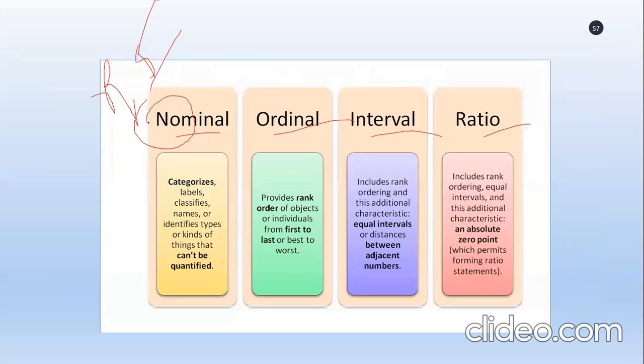Going ahead with the ordinal scale, which provides a rank order of subjects or individuals from first to last. Basically, it places events or objects in an order, ranking them from one extreme to another.